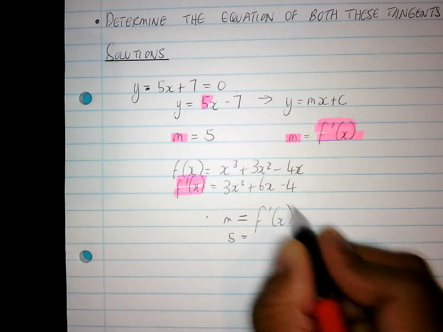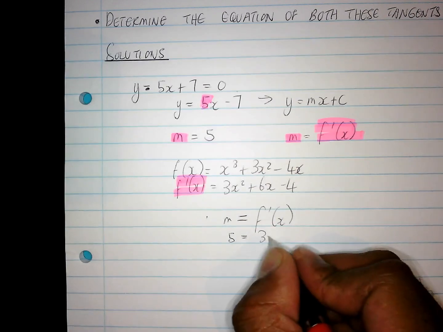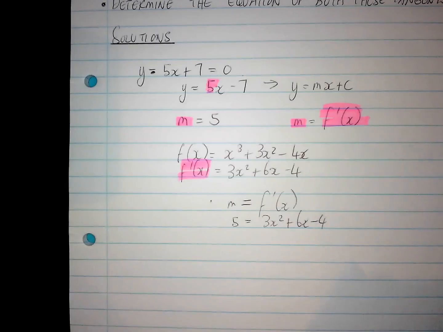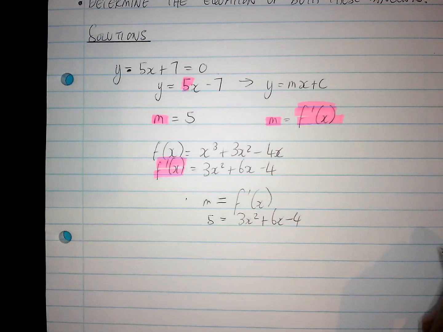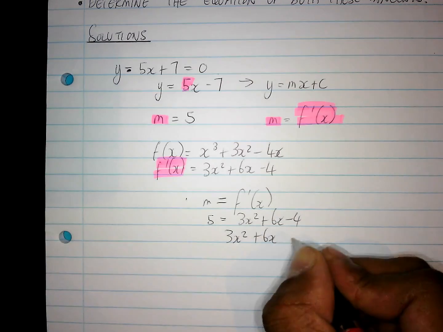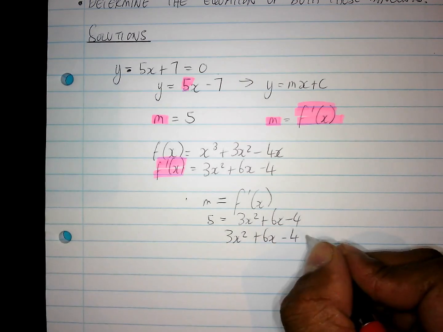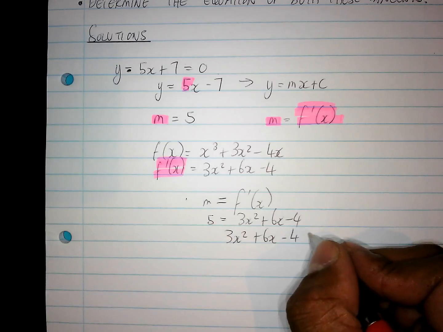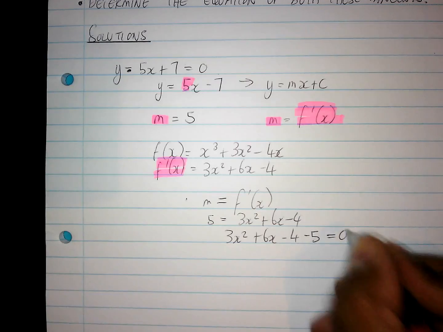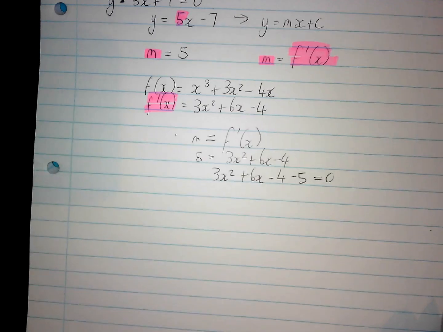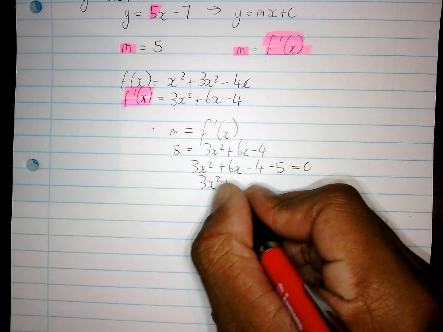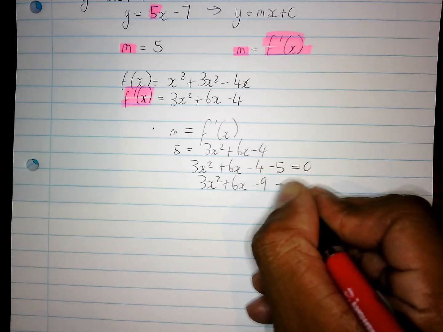Then we have our derivative of f, which is 3x squared plus 6x minus 4. Then if you arrange this, you're going to have 3x squared plus 6x minus 4 transpose 5. We're going to have minus 5 is equal to 0. And from there, we have 3x squared plus 6x minus 9 is equal to 0.